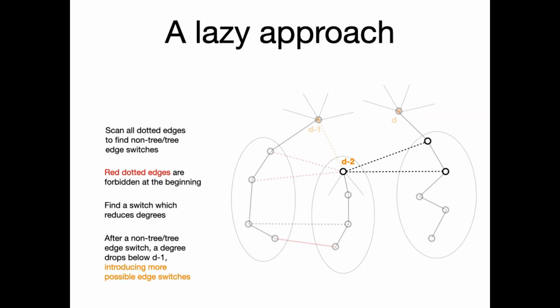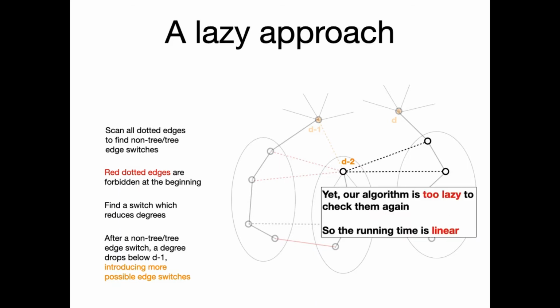Then, after this edge switch, its tree degree could be reduced to d-2. Thus, this would introduce more possible edge switches on this vertex. However, since our algorithm is lazy, it would not check these edges again. So, this is the main reason why our algorithm is faster.